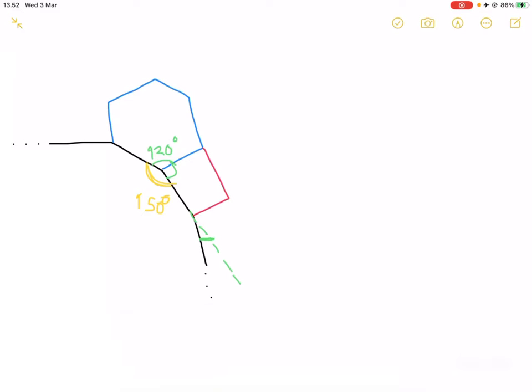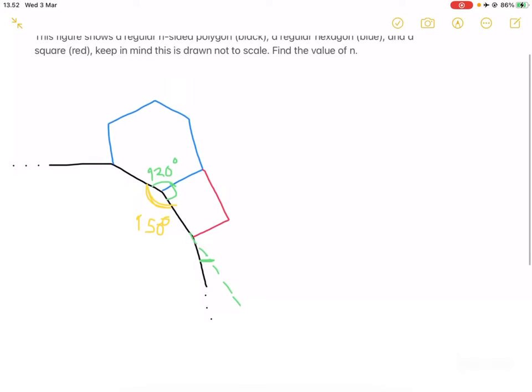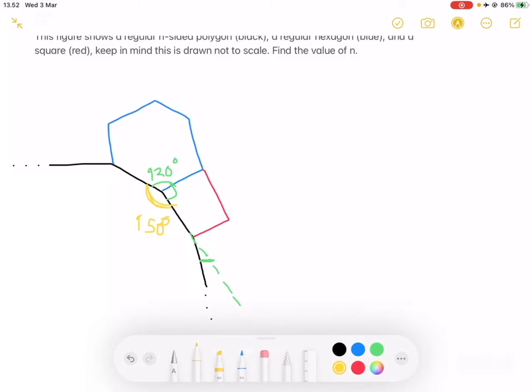Since this is a regular polygon, all interior angles and exterior angles in this polygon must be equal. So this bit right here is also equal to 150 degrees, and the exterior angle of this polygon is 30 degrees.